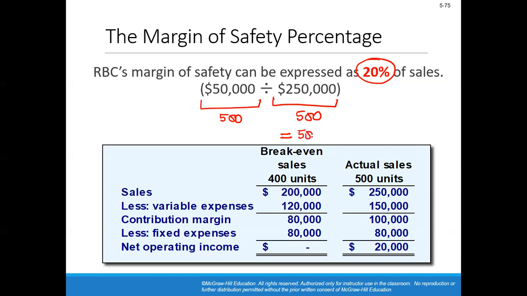And here you see that it is equal to how much? 100. Is it 50,000 divided by 500? We are not using this one. We are just trying to help you know that it is possible to express the margin of safety in terms of sales units.